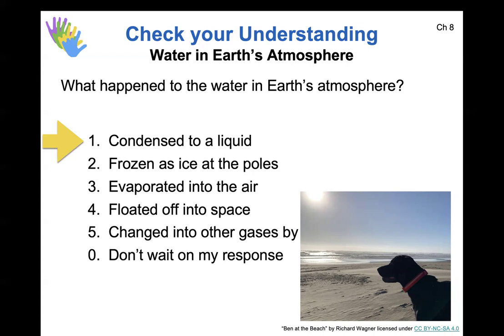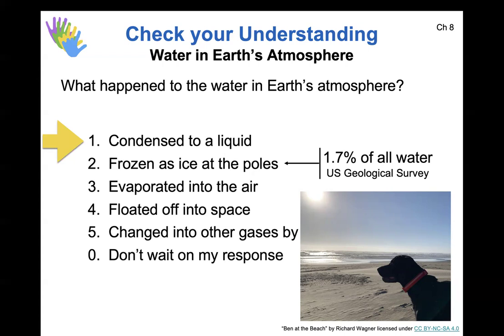And as we know, those oceans help drive plate tectonics. So it ended up being a key aspect of the world we know today, the fact that water condensed to a liquid. It also froze. We have poles, right? But not the majority. 1% of all water is frozen into the poles.